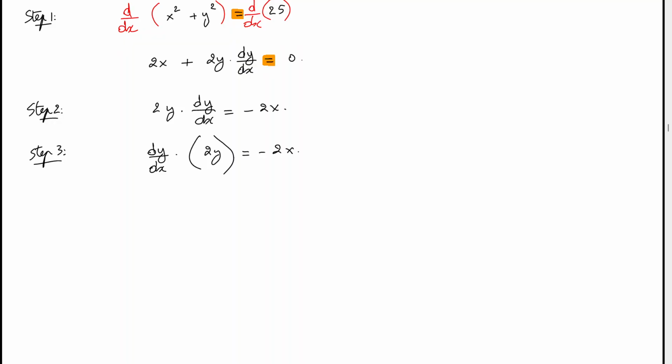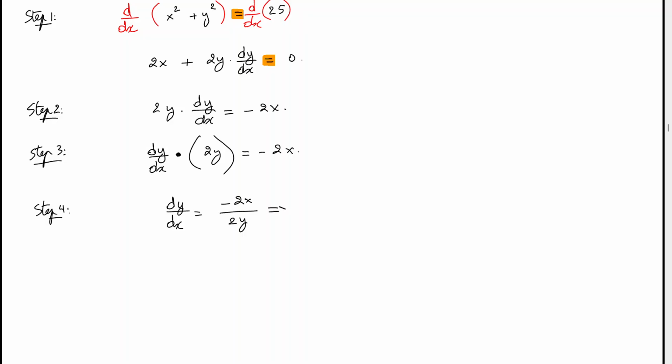And finally, step number 4 is going to be to solve for the dy over dx, meaning get this dy over dx all alone. And the way you get it all alone is you look, it says dy over dx is being multiplied by 2y. So to get it all alone, I need to divide both sides of the equation by the 2y. So I already have negative 2x, and I need to divide it by 2y.